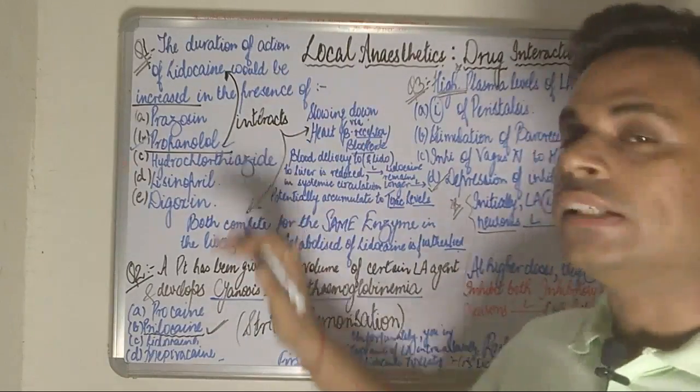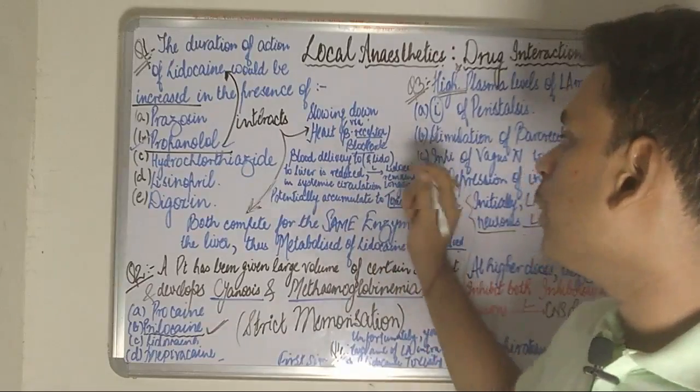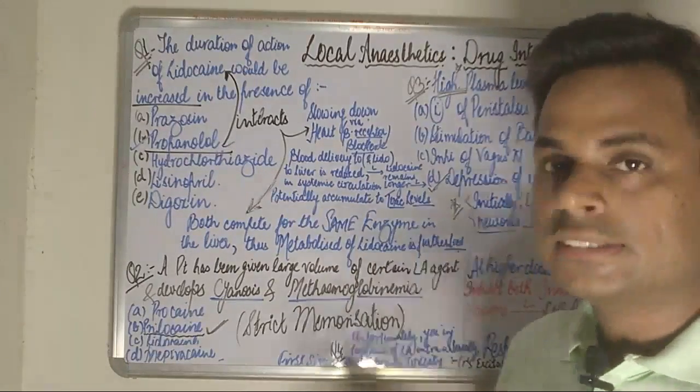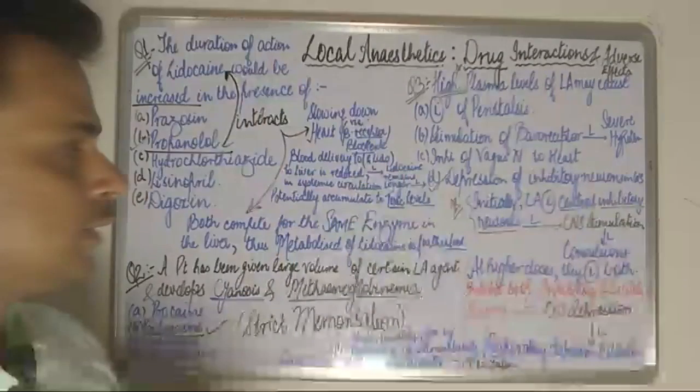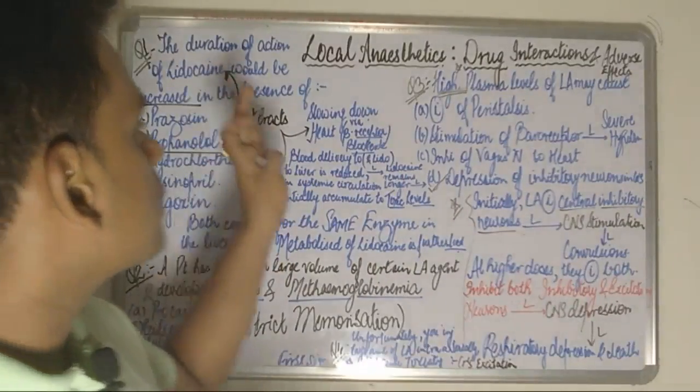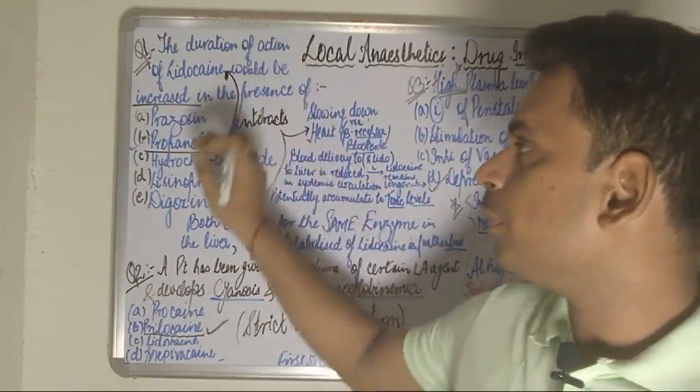This results in the local anesthetic remaining in the systemic circulation for a longer duration, and it can potentially accumulate. So this was one of the mechanisms by which the local anesthetic interacts with propranolol.